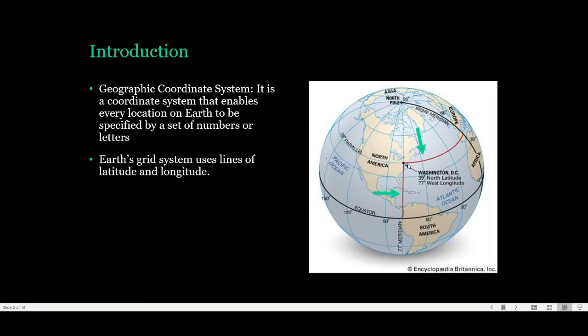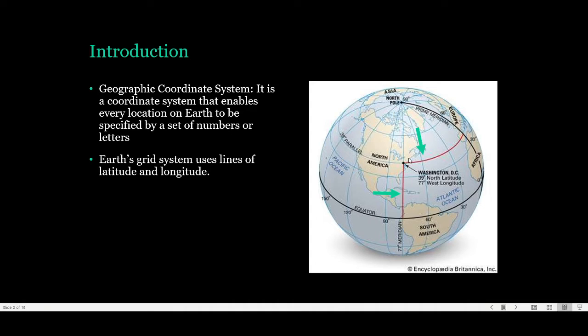And you can think of these lines as a graph, like graphing paper with an XY coordinate system.